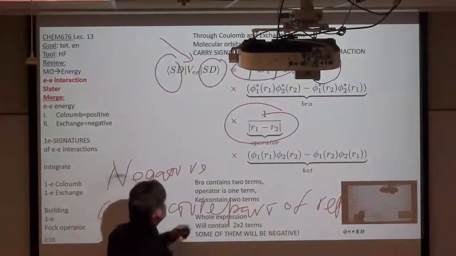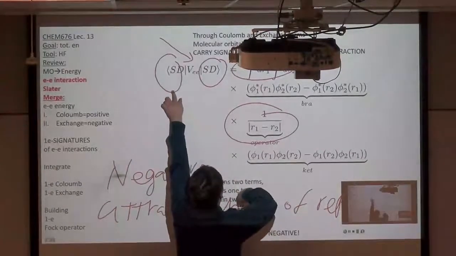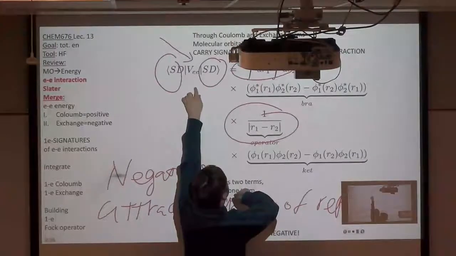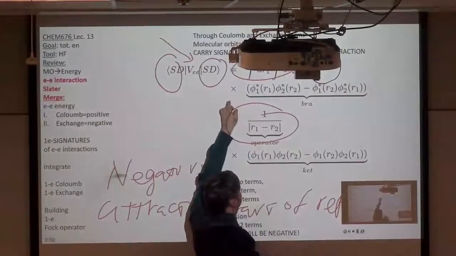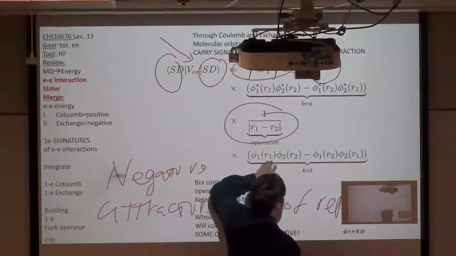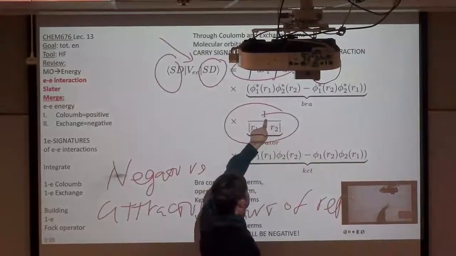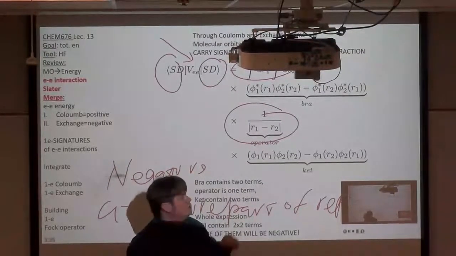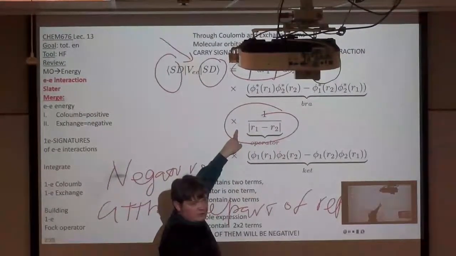And if we are using the Slater determinant, then the contribution to the total energy from electron-electron interaction is formulated as the Slater determinant on the left, the Slater determinant on the right, and electron-electron interaction in the middle, right? If you have more than 2 electrons, it will be a summation, right?